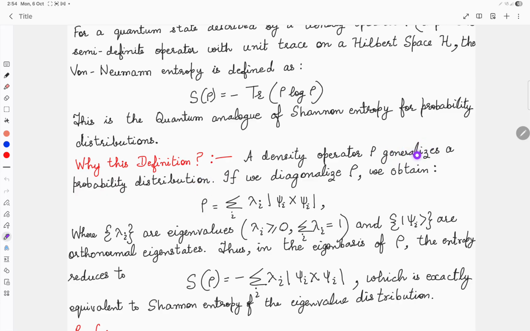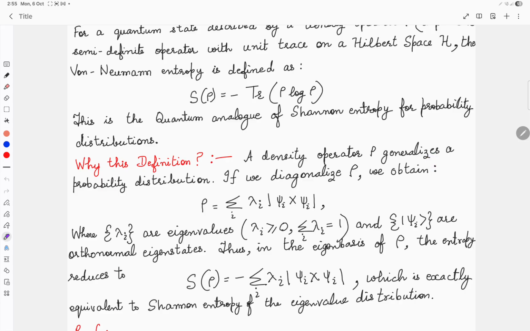Why does it generalize? Because a density operator can be used to represent the system for both pure and mixed states, whereas state vectors can only represent pure states. Therefore a generalization was thought of in terms of the density operator, which can represent the quantum state for both pure and mixed states. So we say that a density operator ρ generalizes a probability distribution.